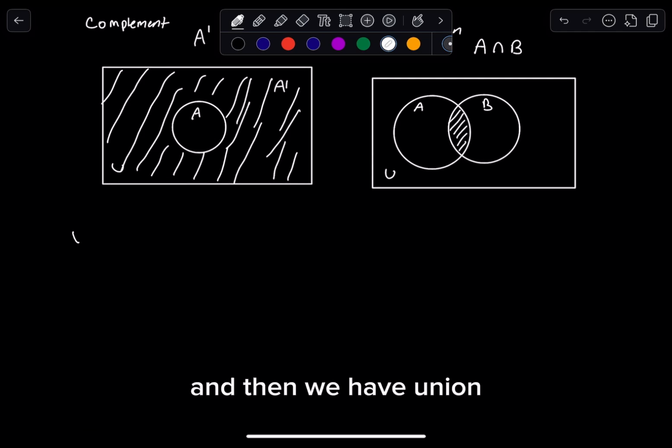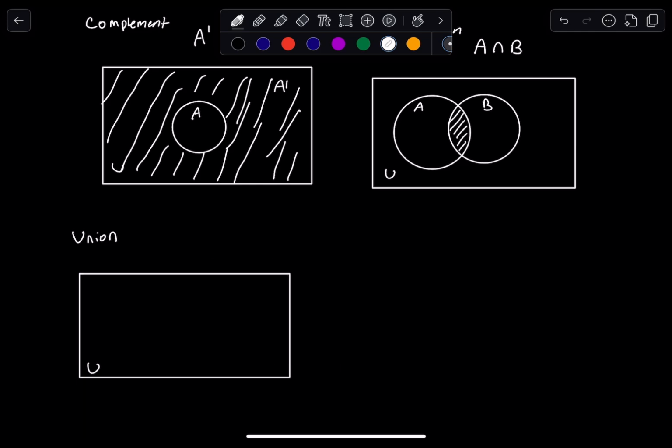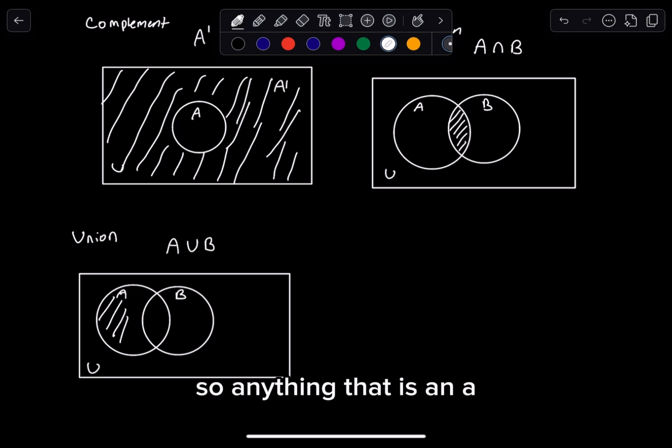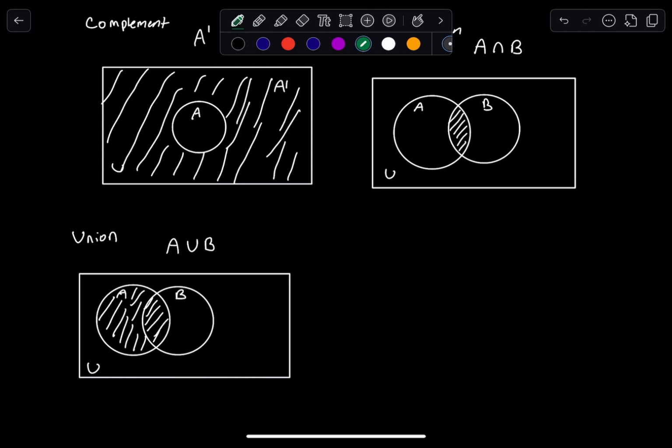And then we have union, which is elements that are in either A or B. So anything that is in A and anything that is in B, and I'll do it in a different color here.